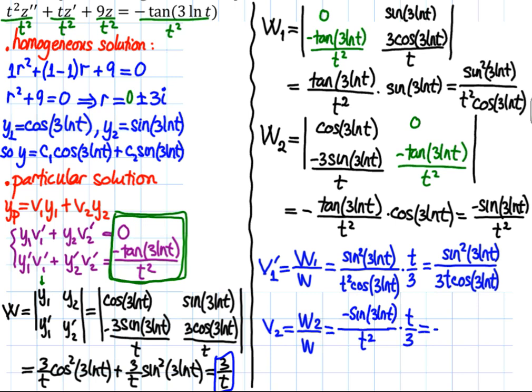Cancelling with t, we have negative sine of 3 ln t over 3t. So that is v1 prime and v2 prime.